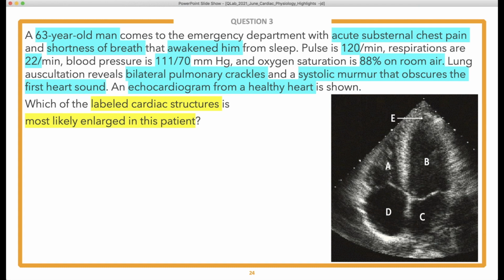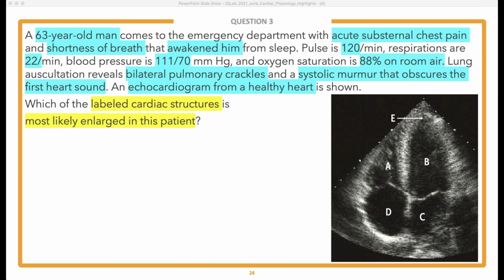Well, he had acute substernal chest pain and shortness of breath that awakened him from his sleep. They give us some important cardiac vital signs, some physical exam findings, and then they give us an echo. They're saying that it's the echo of a healthy heart, but it's a labeled diagram. Then they're asking us which of those labeled structures is most likely enlarged in this patient.